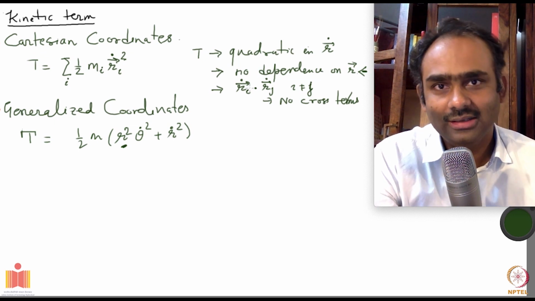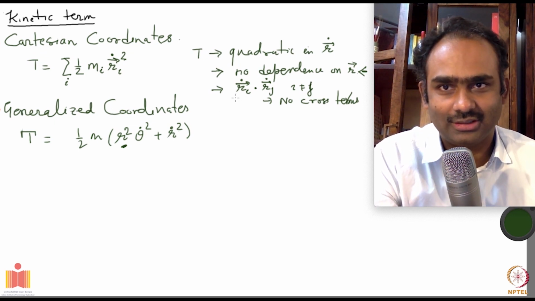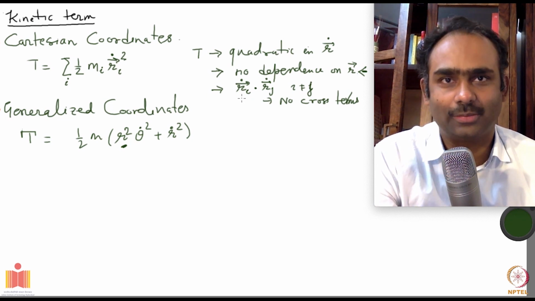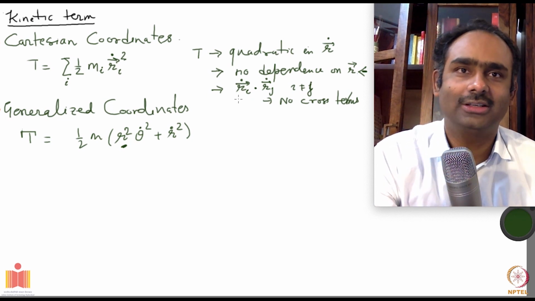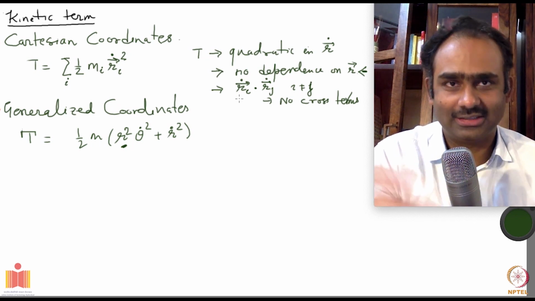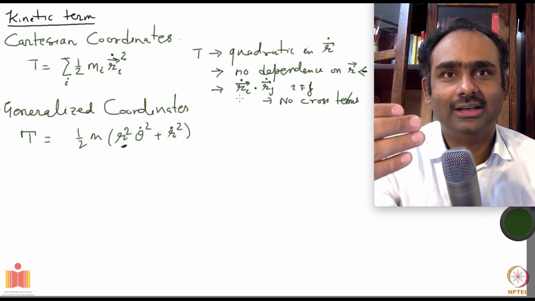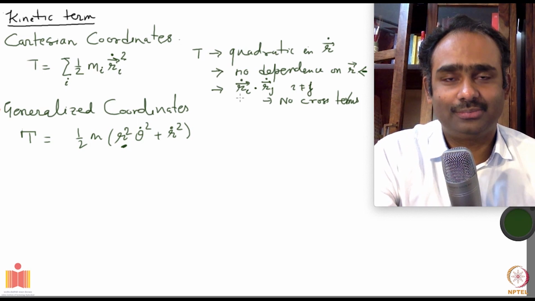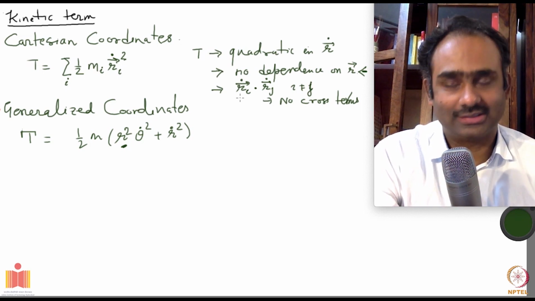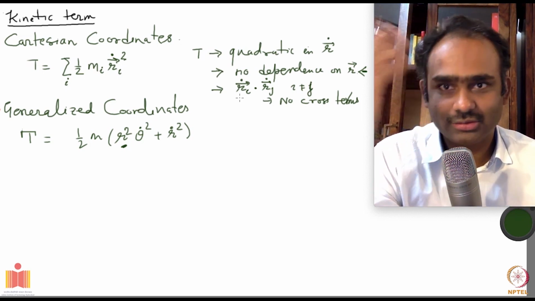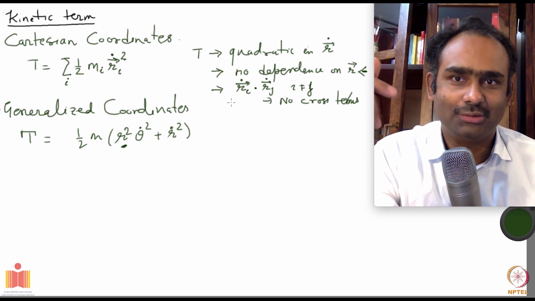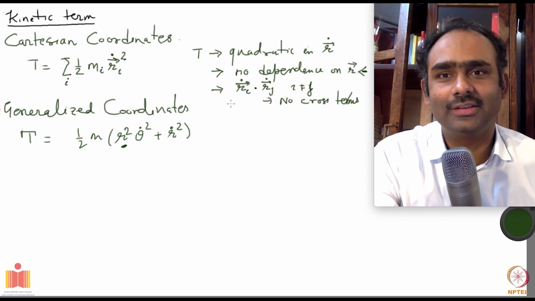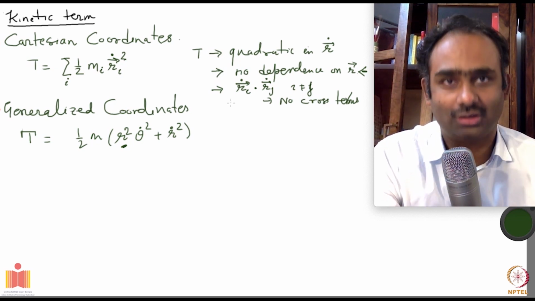Here it is still of the form where cross terms are not present. So you still don't have a term like theta dot r dot. But as I will show, this is also not a general statement. In principle, they can be present. Also here, you don't have a term which just involves the velocity of one of the coordinates.